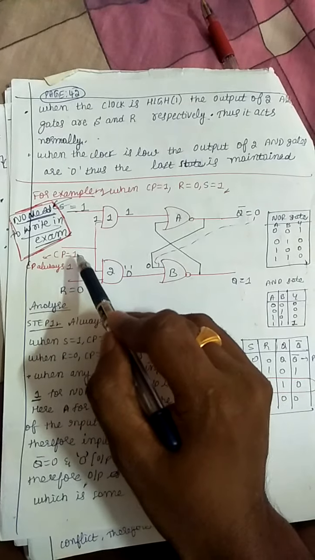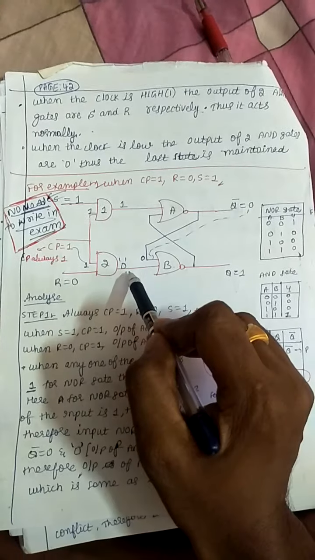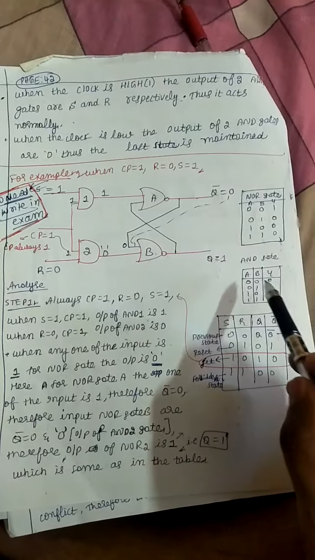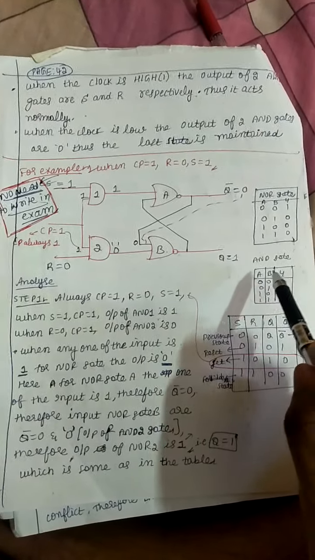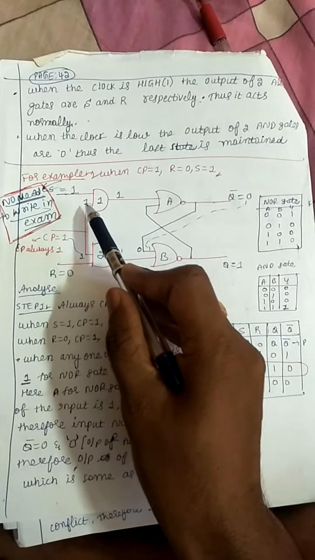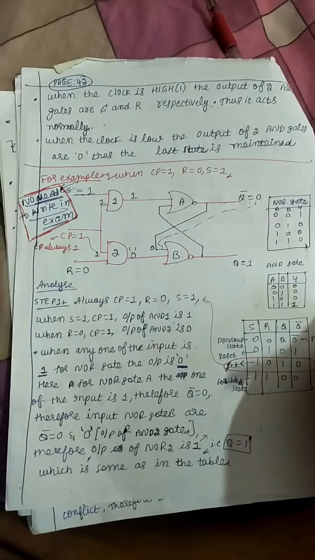Okay, if the clock is 0, then the outputs of the two AND gates are 0, right? If any one of the inputs is 0, the output is 0 for the AND gate. Therefore, the outputs of these two will become 0.